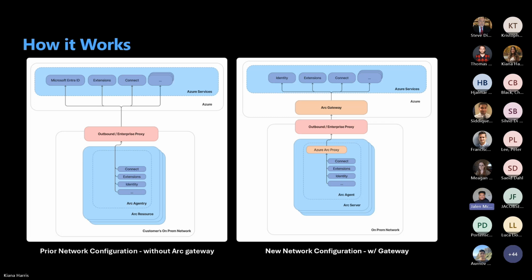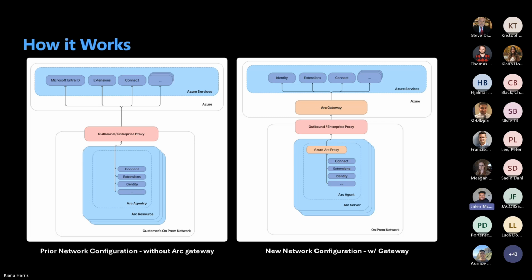Entra ID has 3 different endpoints. Connect has 2 or so endpoints. Each extension has their own list of endpoints, and then each other Azure service has its own list of endpoints. And as you can see on the left, because you're communicating directly with those endpoints, you need to allow each of those endpoints in your enterprise proxy. And that's really the challenge that our customers are having.